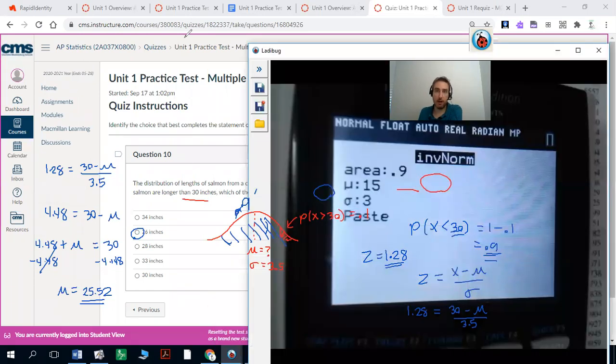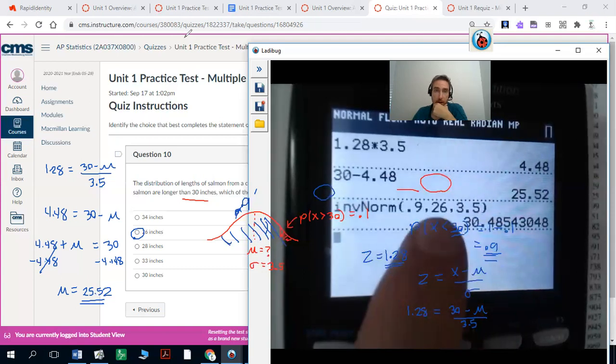But by guessing and checking, you can eliminate using the z-score formula. So if you have the area 0.9, you don't know your mean, but you got some choices. Let's say I did 34, and my mean was 3.5. My goal is to get that as close to 30 as possible.